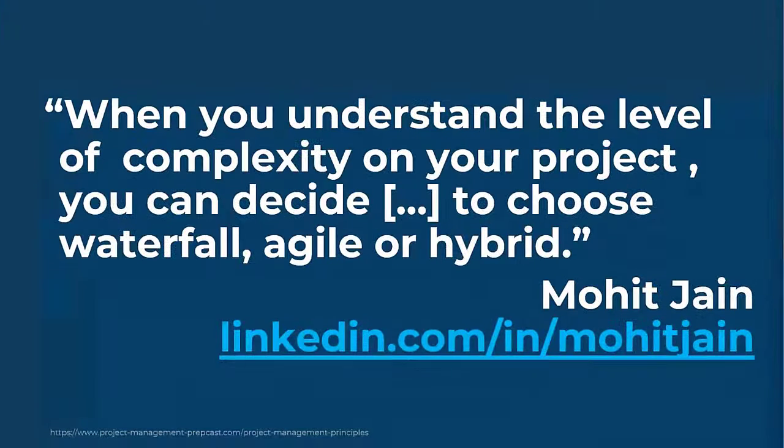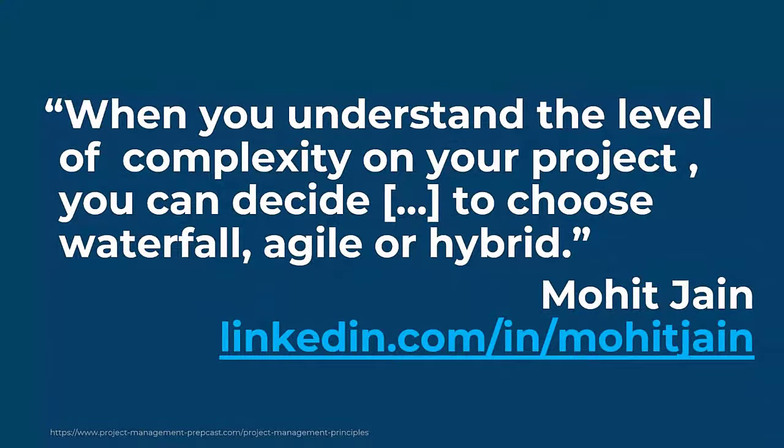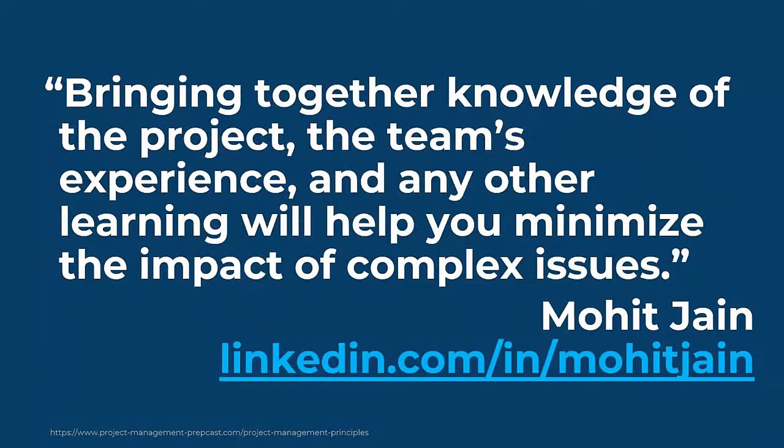And you need to really understand what the complexity is that you have. If we go back here, right, uncertainty at the top left. If you have a project with uncertainty, you will most likely go with probably an agile approach, right? If you have little uncertainty, if you need to be certain, then a plan-driven approach is probably better. So understanding that will help very much.